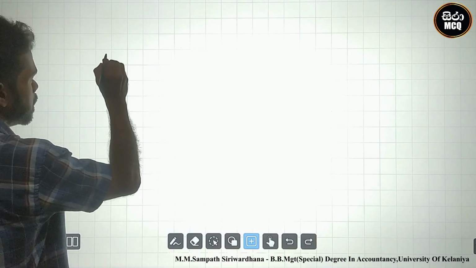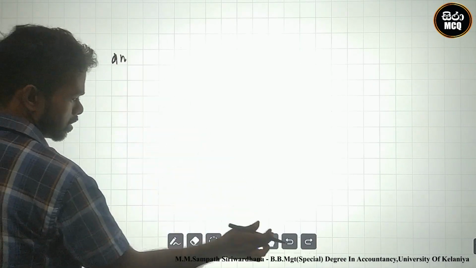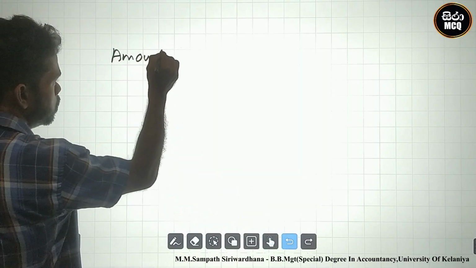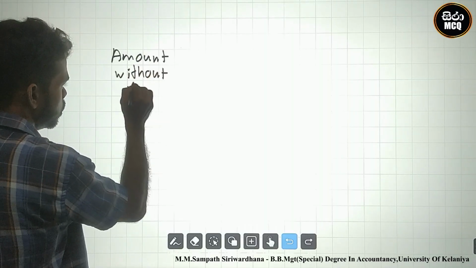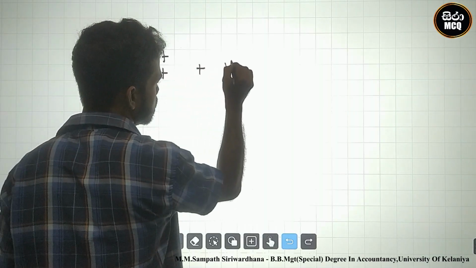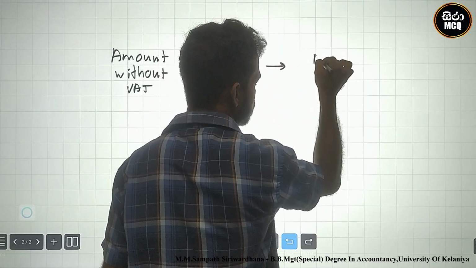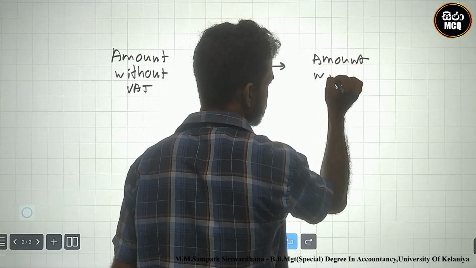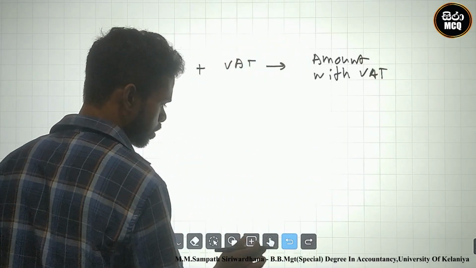The purchasing amount without VAT, plus VAT, and this is the amount with VAT. Look here.